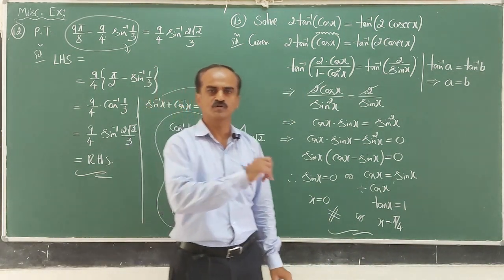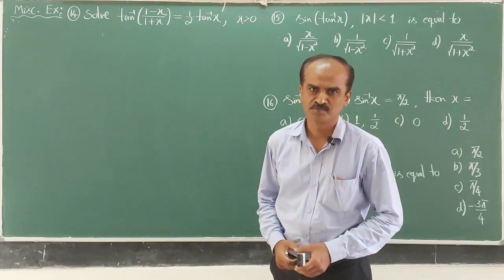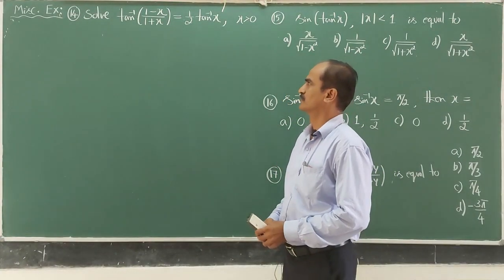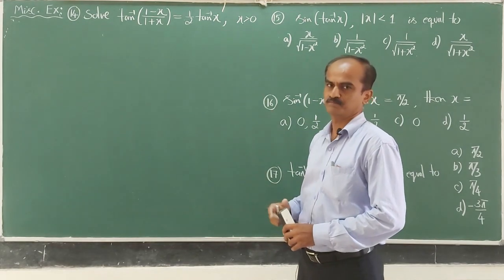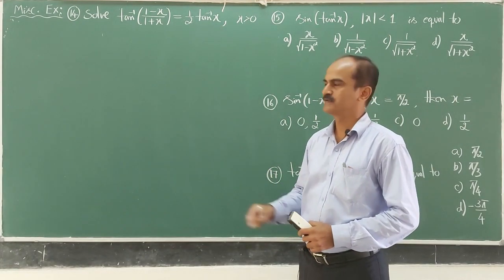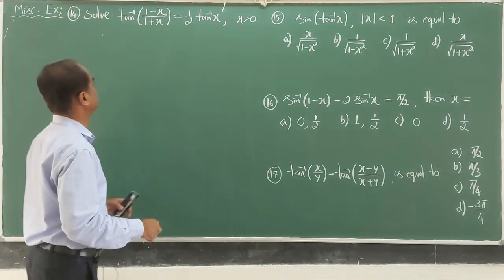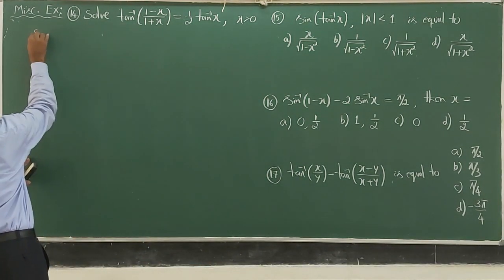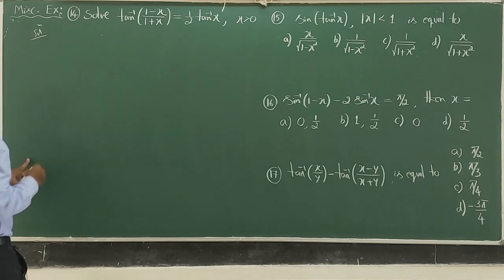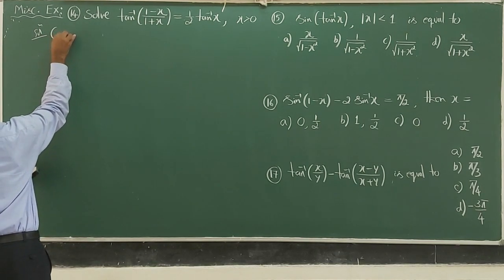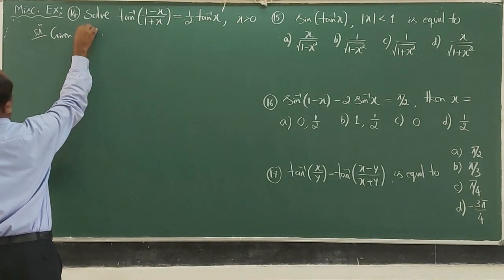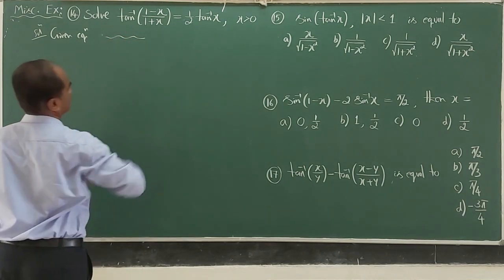Now let us move on to the next question. Question number 14. Again, solve for x. Required to find a value of x which satisfies this equation. First you write the given equation.